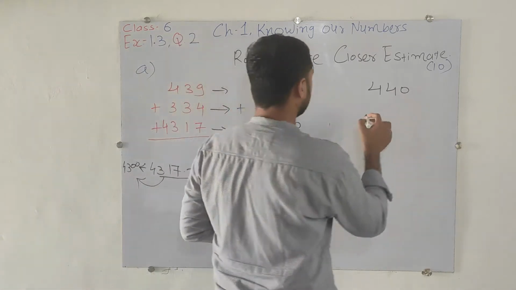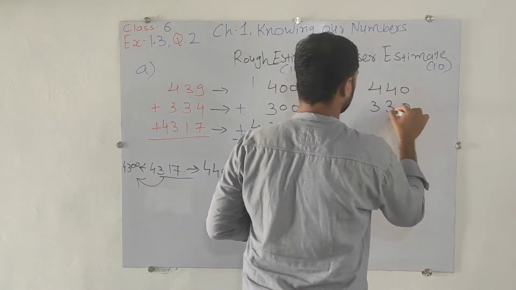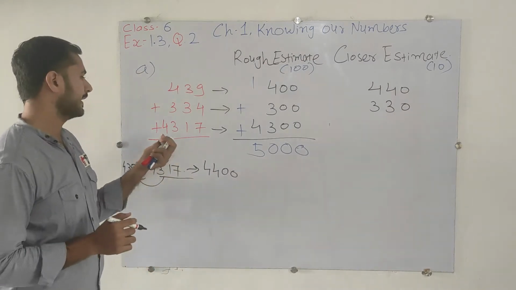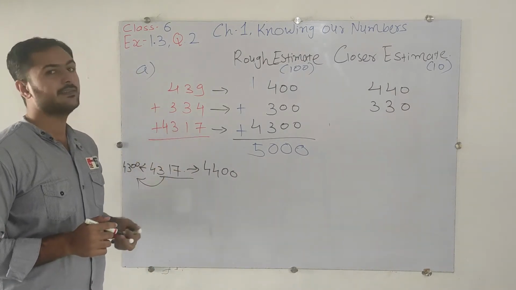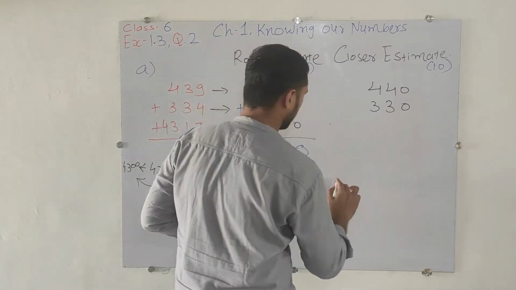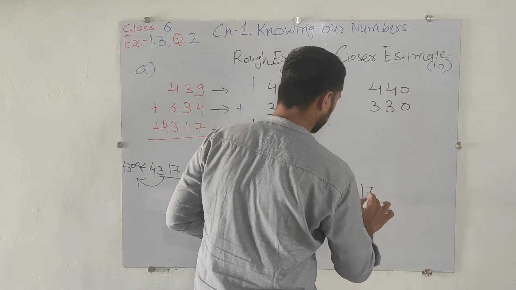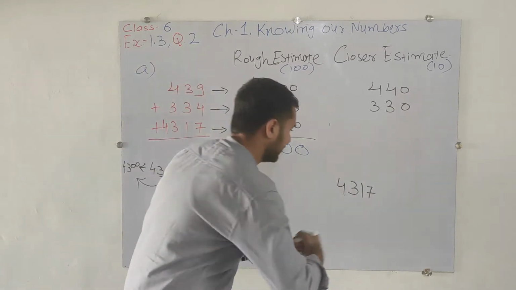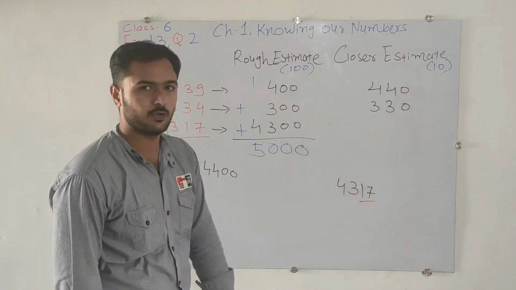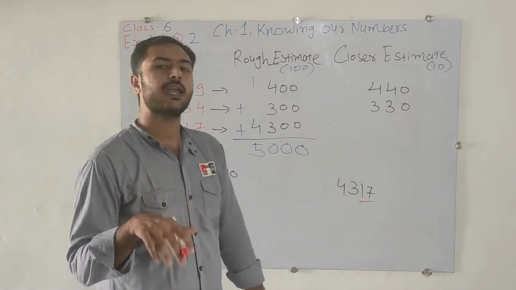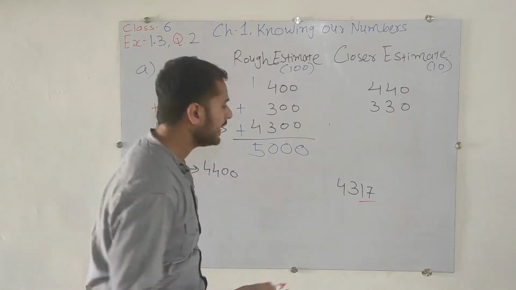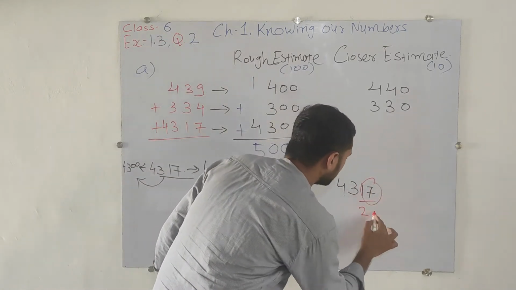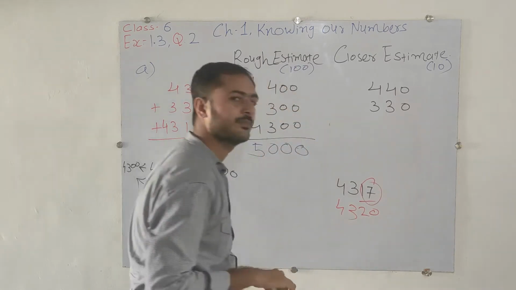Again that is 330. Now here we have 4317. Let's see how we will do it. Here is 4317. Now identify the tens place, it means this one, that is 17. 17 is nearby to 10 or 20, nearby to 20. So in place of 17, I will write 20, and the rest stays as it is.